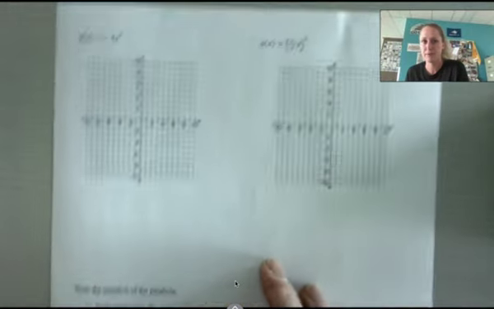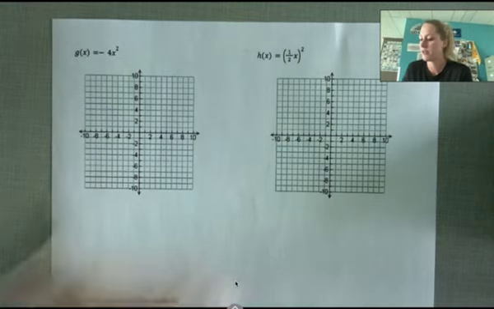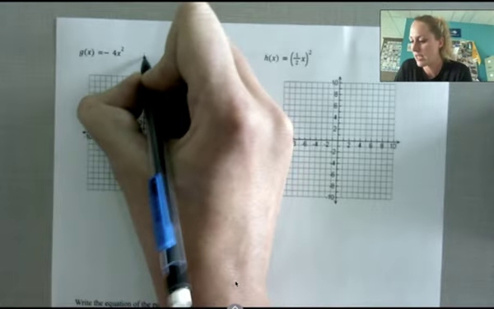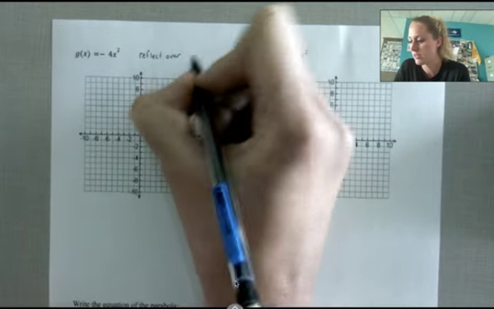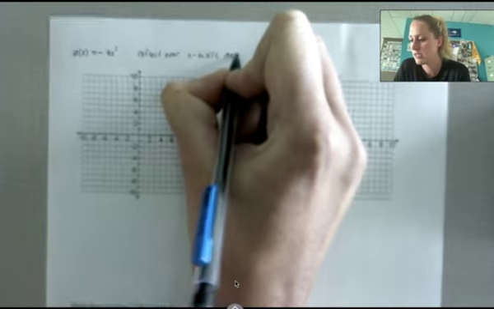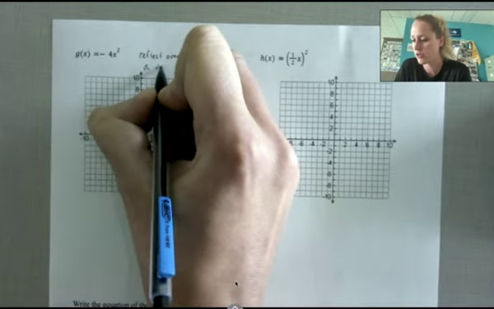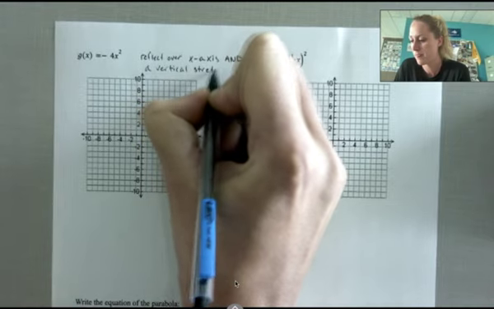Okay, this one I have a -4 being multiplied. So what this one has is a reflection over the x-axis and a vertical stretch by a factor of 4.